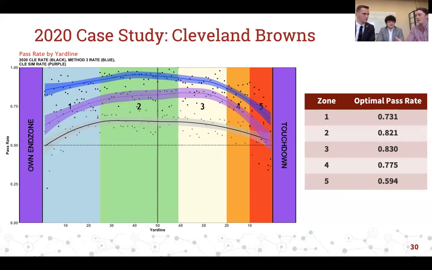In zone 2, we get a significant increase, but look at zone 5, of particular interest. In zone 5, we actually say Cleveland called nearly optimal passing rates given their talent and given the context of their passing, rushing, receiving, all these PFF grades. And we believe that's significant because we can draw a conclusion that Cleveland called near optimal passing rates in the red zone.